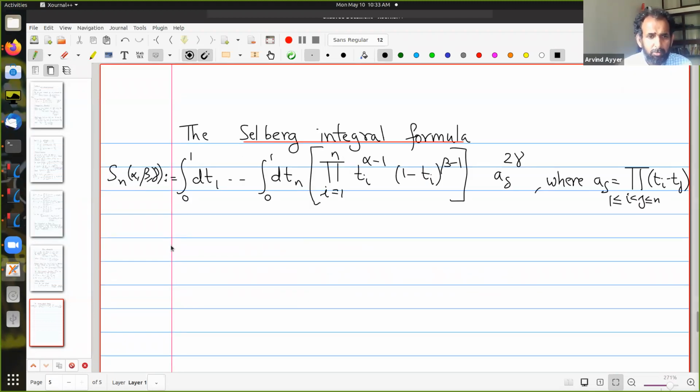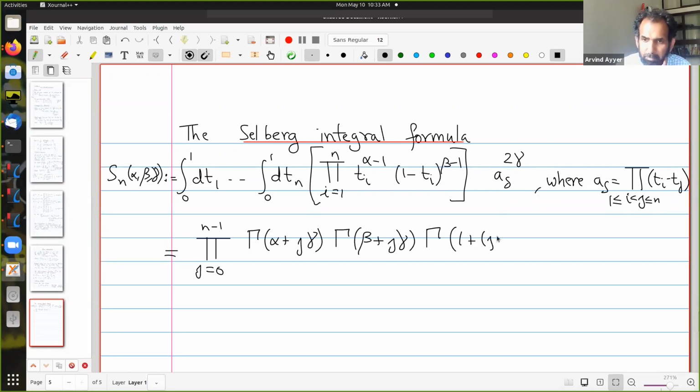And Selberg's integral formula states that this is equal to this product formula, j equals 0 to n minus 1, gamma of alpha plus j gamma, gamma of beta plus j gamma, gamma of 1 plus j plus 1 gamma, divided by gamma of alpha plus beta plus n plus j minus 1 gamma. Sorry, there are two gammas: this is the capital gamma function, and the small gamma is just a parameter.